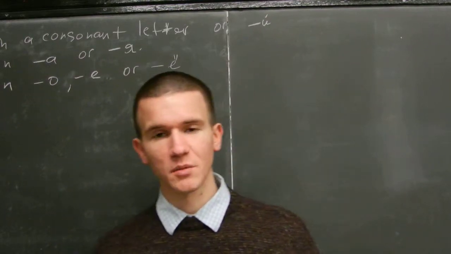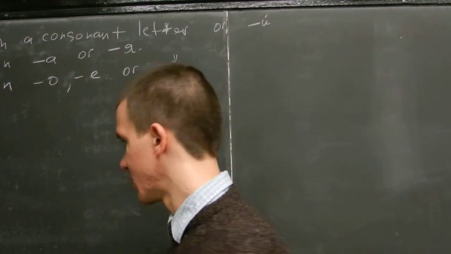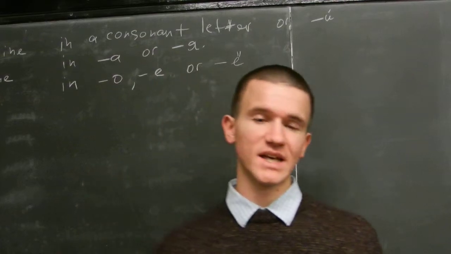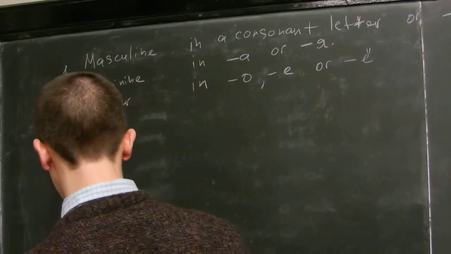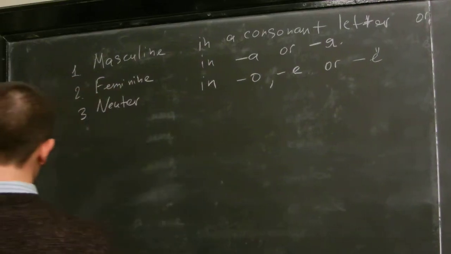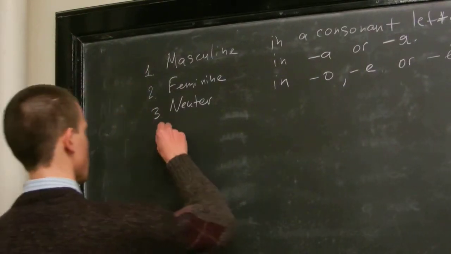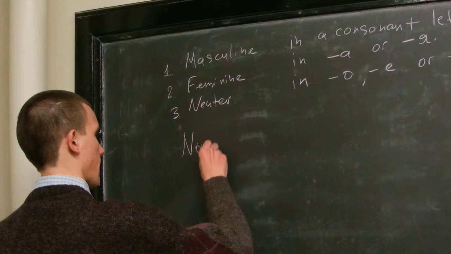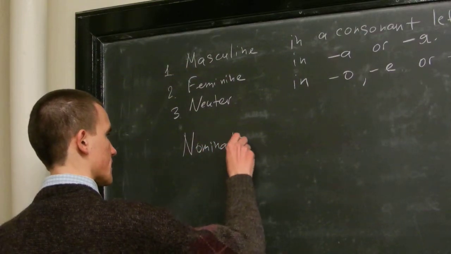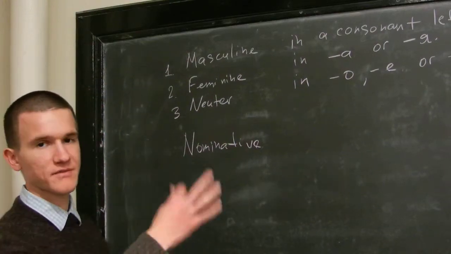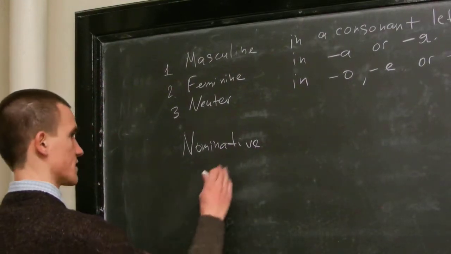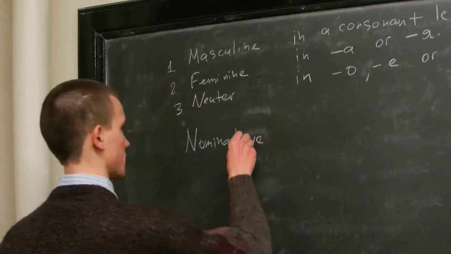So now let's talk about cases. We have 6 cases: nominative, genitive, dative, accusative, instrumental, and prepositional. And they go in a certain order. It's not like nominative, preposition, accusative. No. They go in a certain order.